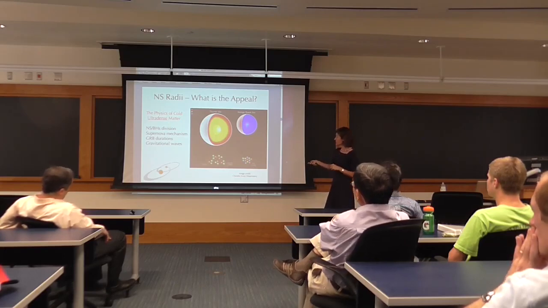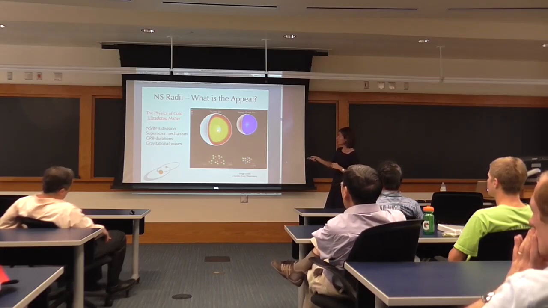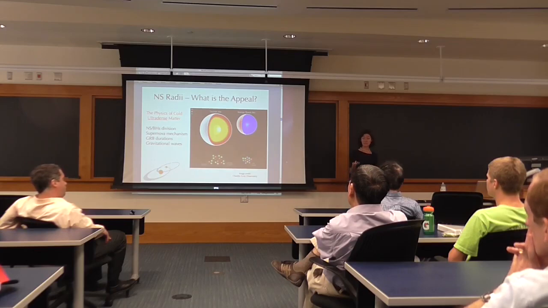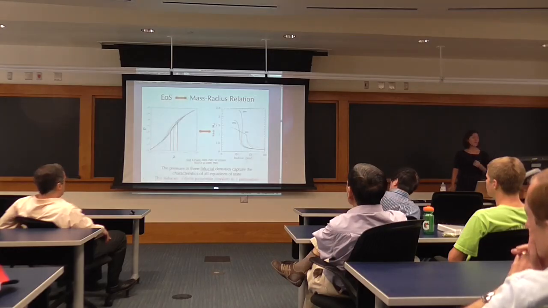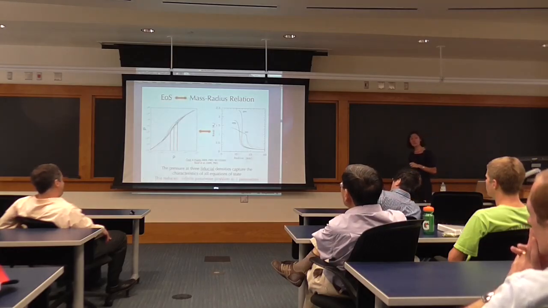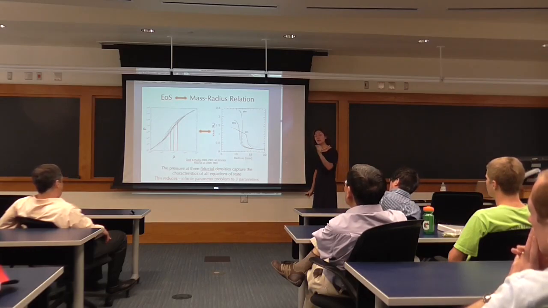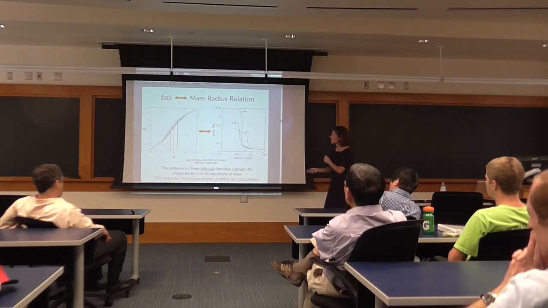Again, just from a cartoon point of view, this is a bigger star than that one, so maybe if we find bigger radii rather than small radii, this will tell us something about the interior. Luckily, we've gone well beyond just staring at cartoons, and we actually established a mechanism for converting neutron star radius measurements directly into nuclear physics quantities.